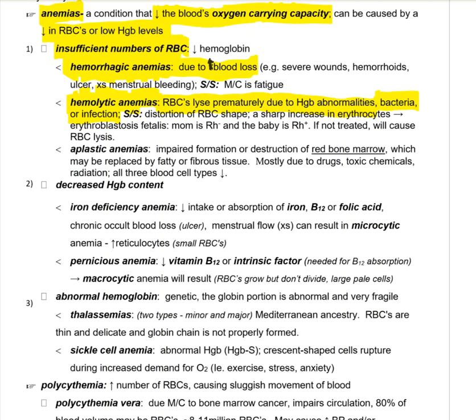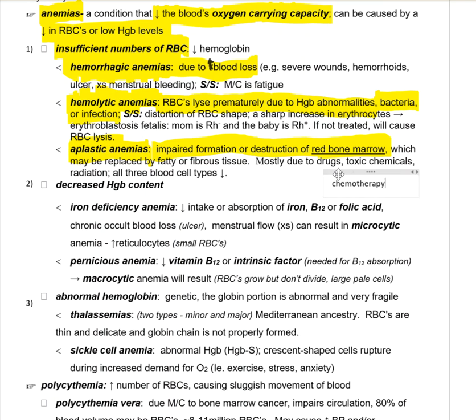Then we have aplastic anemias, and this is due to impaired function, impaired formation, or destruction of red bone marrow, because if our red bone marrow is not working, then we can't produce the right amount of red blood cells. This is usually due to drugs, toxic chemicals, radiation. One of those drugs, for example, can be chemotherapy.